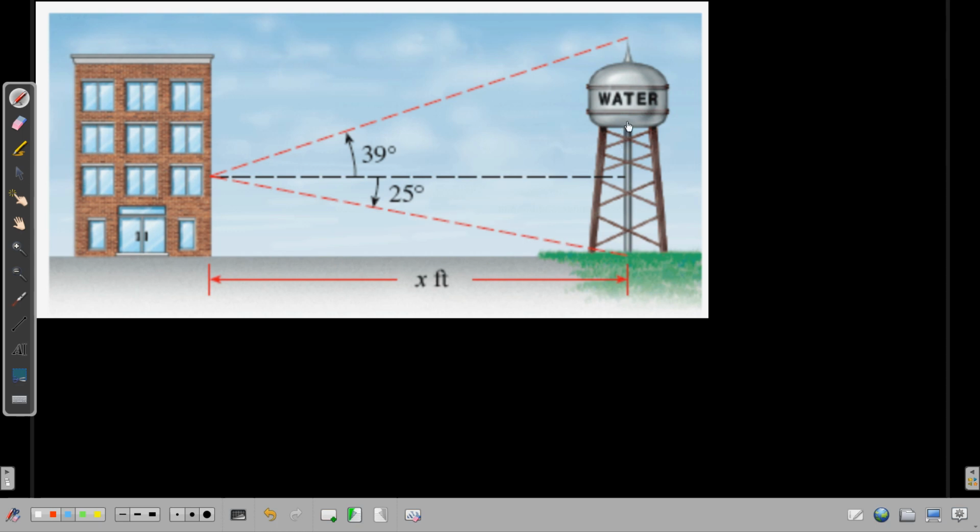And for us, in this scenario, x is 350. So this would be 350 feet. Okay, so that means this black dashed line is 350 feet.